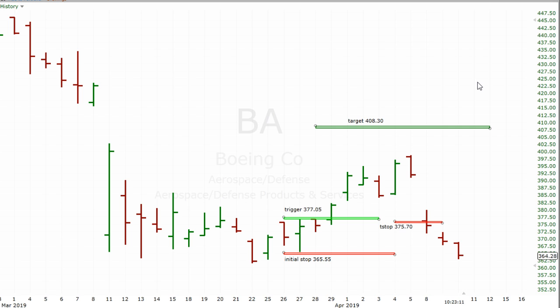Didn't the planes get grounded or something? Yeah, that's basically what caused this over here. And then some more bad news came out over this past weekend. And here's the thing: the markets and individual stocks can way overreact to the news, right? So what did they have? They had two plane crashes.